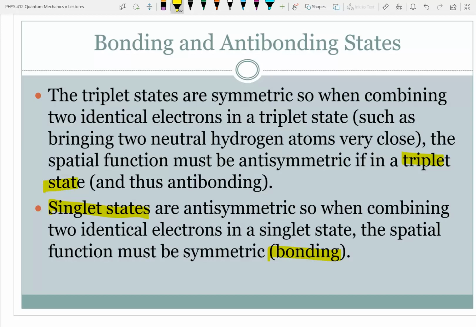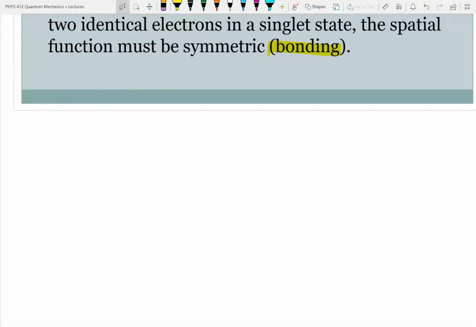Now, one of the homework problems I'm going to give you is to find the spin state for 3 electrons. And we'll start it now because we do have 14 minutes left.